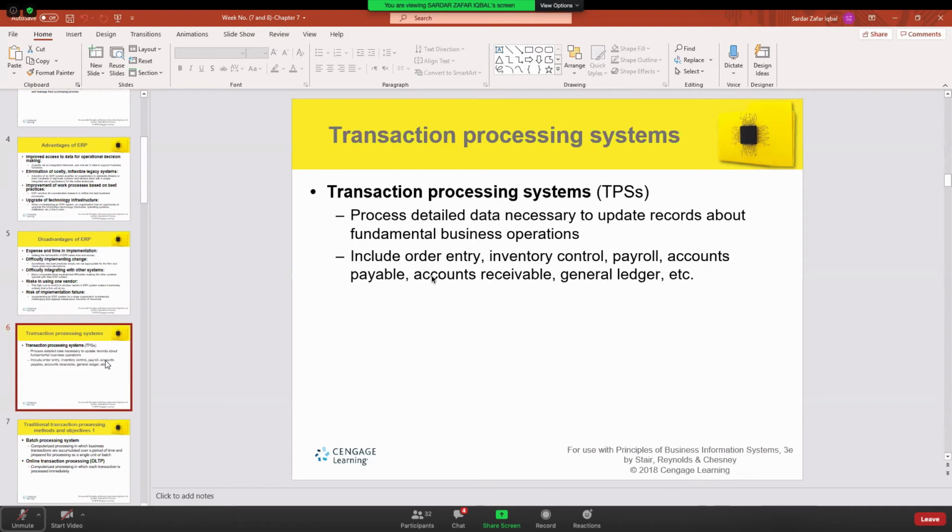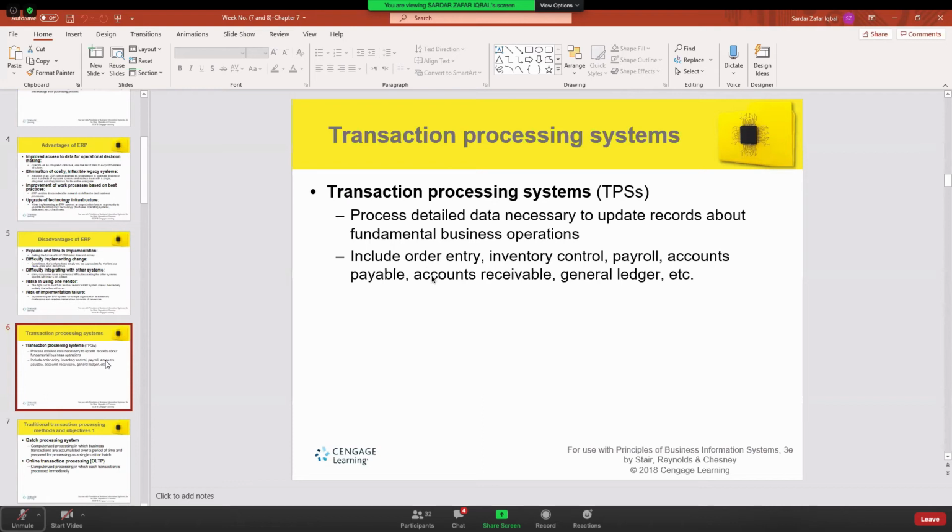You're familiar with this system, right? In the end, when you do the shopping, you get the receipt. And the receipt is coming from a system. They are saving your records, the records of the products, the employees, the money coming in and out.